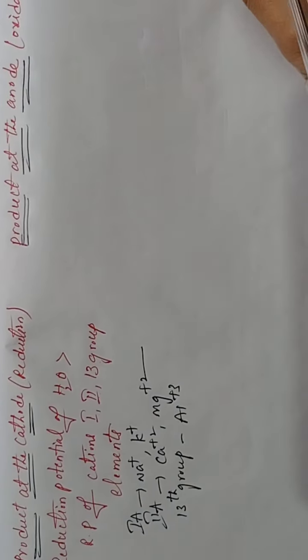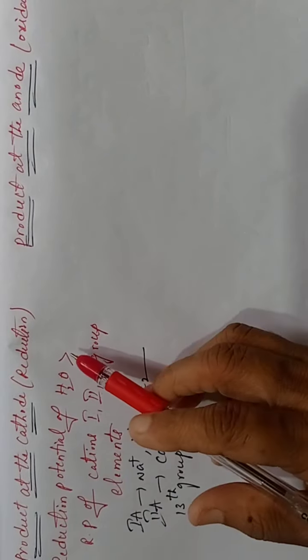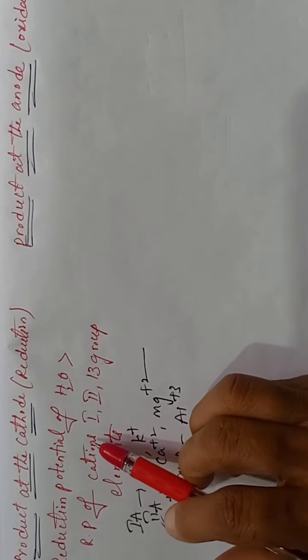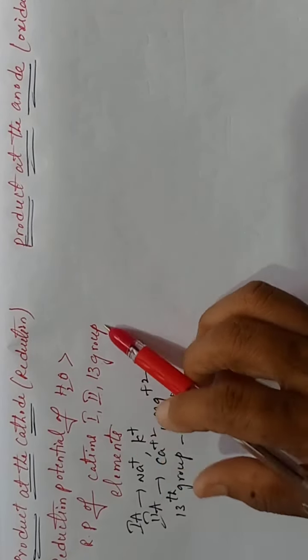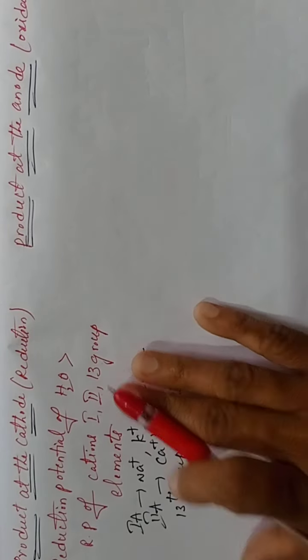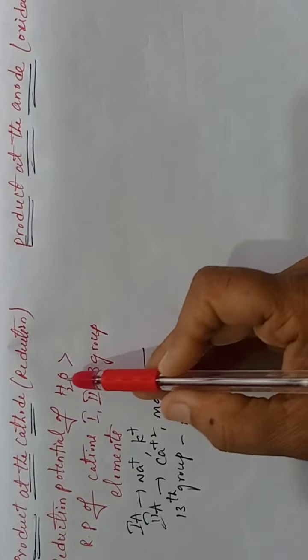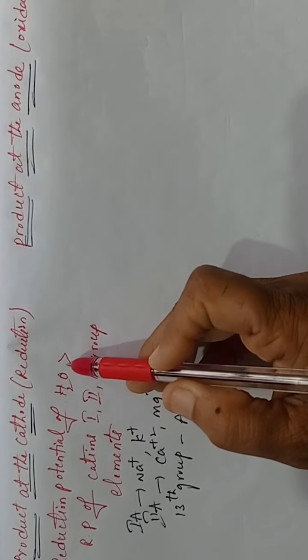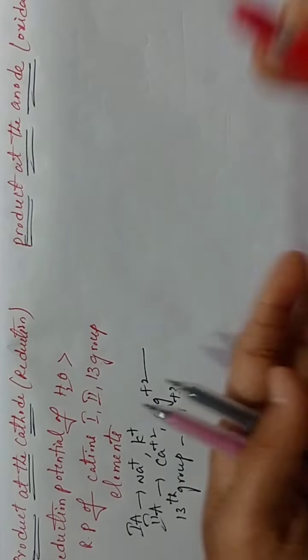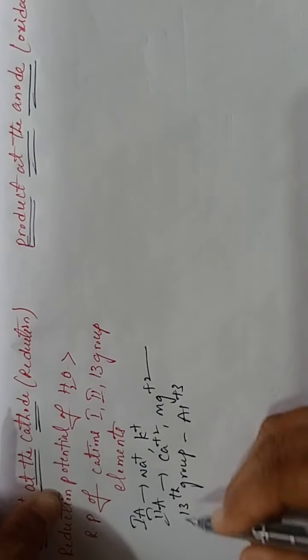Now, if the reduction potential of water is greater than the reduction potential of cations of first, second, 13th group elements, then what is the trick, students? Water undergoes reduction at the cathode.